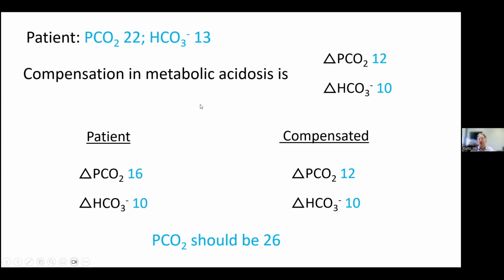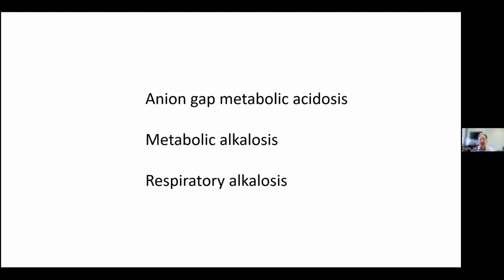And we also know that the PCO2 has fallen more than we would predict in a compensated metabolic acidosis, and therefore the patient has a respiratory alkalosis in addition. So the patient has three acid-base disorders, and this patient actually combines two of the causes that I talked about.